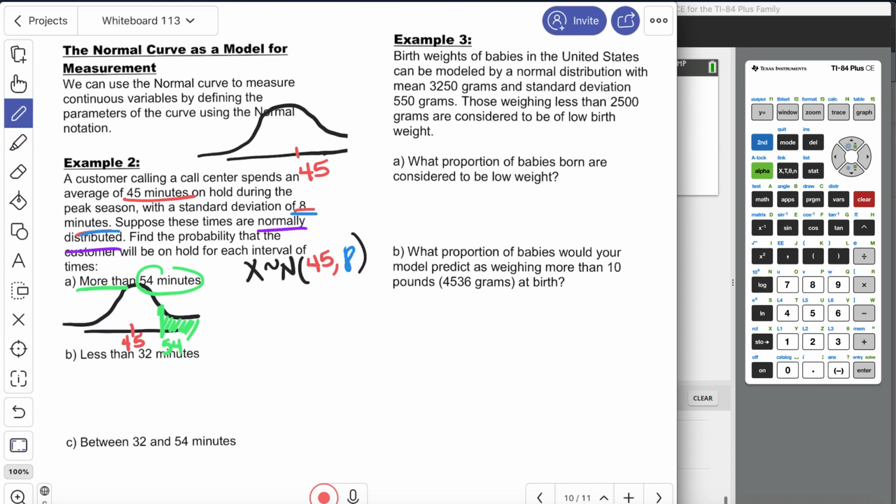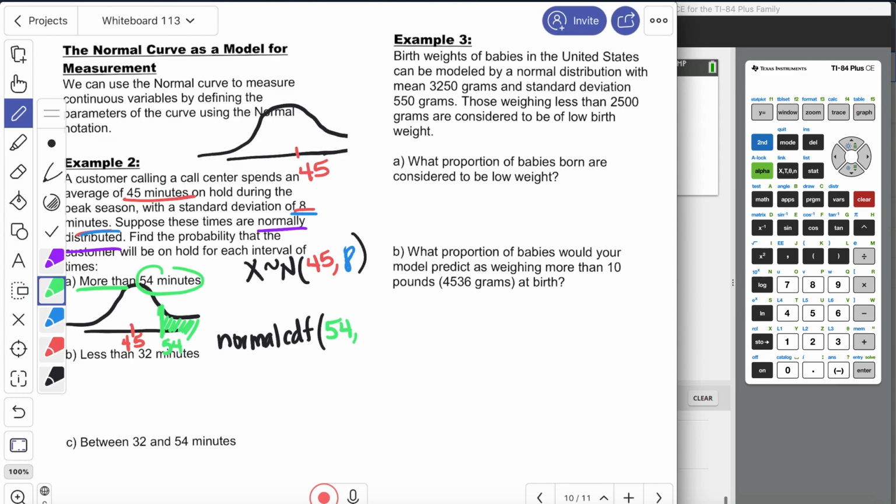And I know that I'm going to use normal CDF. I know my lower bound, the starting point, is this actual value right here. In the last video, we did a z-score right here. But now we see that this actual value is 54. So I'm going to put a 54 here.